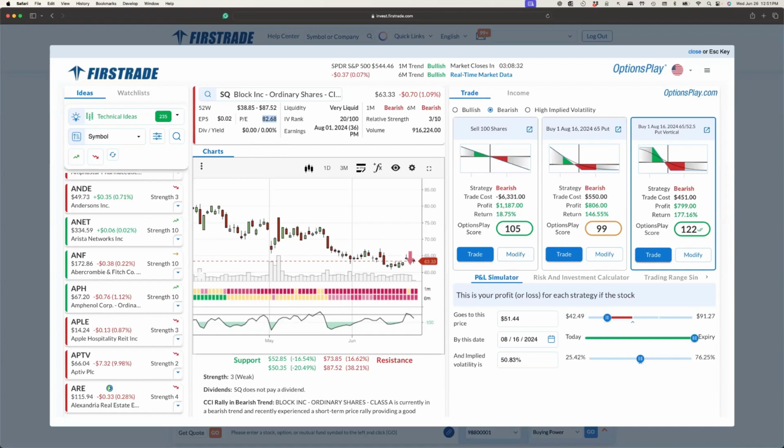There's a reason that it's stuck with me for such a long time, because of how successful it is over such a long period, for so many different asset classes and so many different market conditions, which is why I'm really happy that I can share this with you today and specifically show you how you can automate it using the Options Play platform.